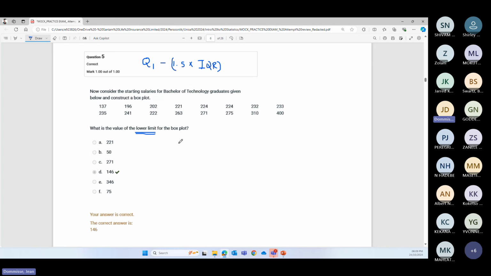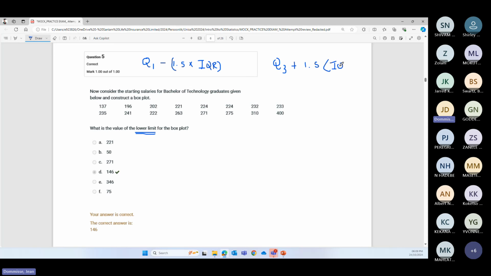So there is also an upper limit where, and if somebody can just put the upper limit, I think it is Q3 plus. So just if somebody can put in, the upper limit is Q3 plus 1.5 IQR, interquartile range.